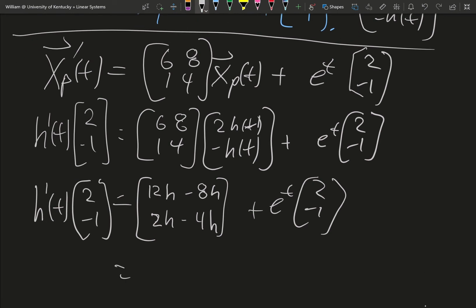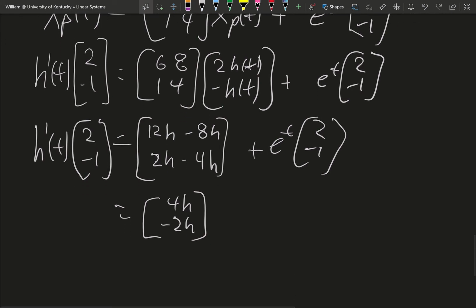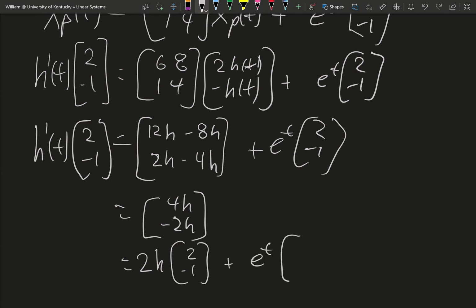Okay, so that becomes 4h and negative 2h. If I want to pull this out, I'll pull out a 2h so that I get back what I started with. So 2h times (2, negative 1), plus e to the t times (2, negative 1), equals h prime of t times (2, negative 1).